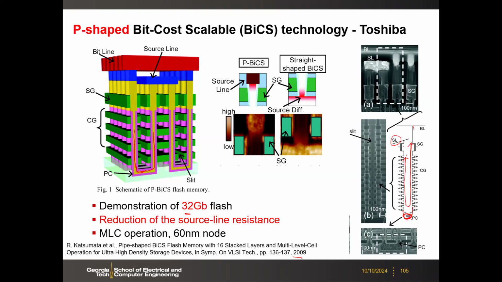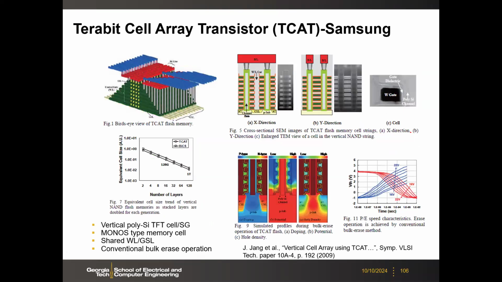So they wanted to use a real metal, so they had to make this up. So they have this folded string. But I don't think this is used today for commercial products; that was a proposal by Toshiba.